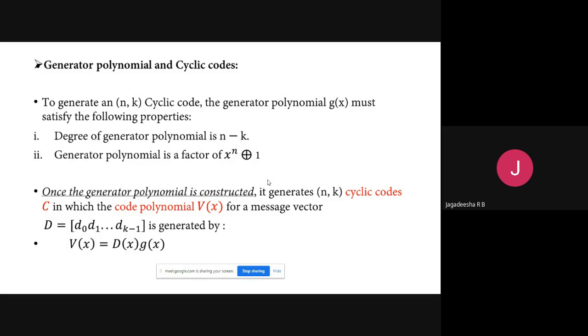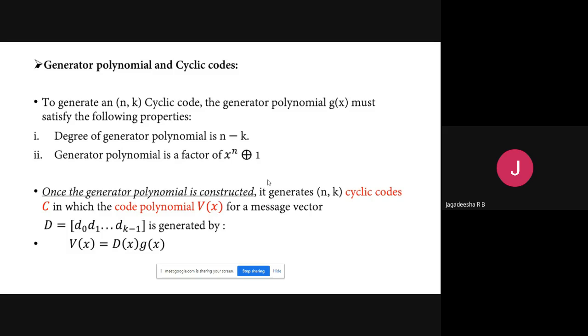So what are the properties the generator polynomial should exhibit? There are two. First property: the degree of the generator polynomial is n minus k. Degree in the sense of what? Power. Because the generator polynomial is expressed as a polynomial, maybe x power 5, x power 4, x power 3, and so on.